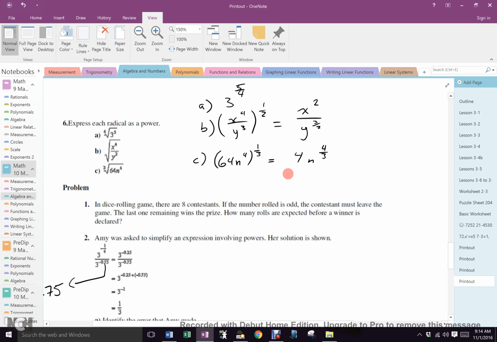So this is one of the few times where I could say that. This meets my expectations. This proves to me you know that the index becomes the denominator, and this power out here becomes the numerator. This would meet my expectations. You with me?